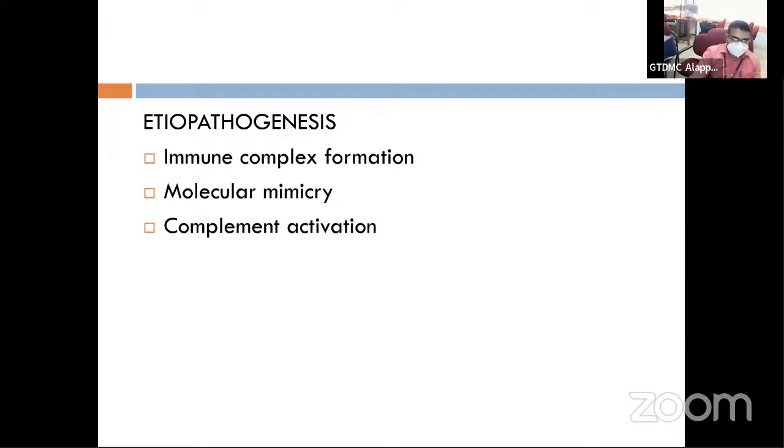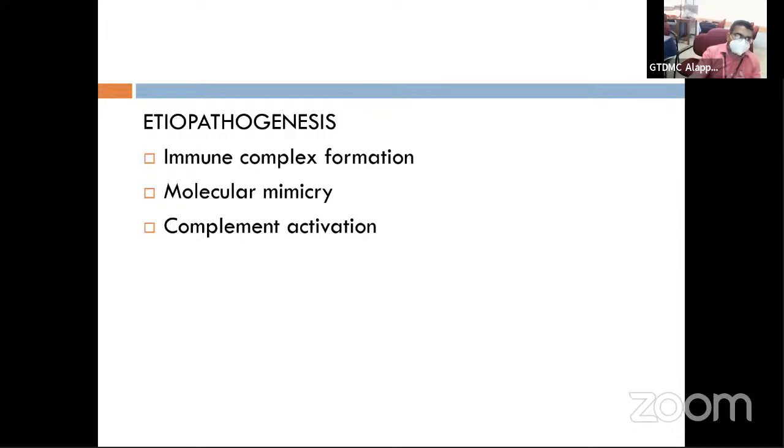Anyway, all these mechanisms will produce an inflammatory and proliferative response within the glomerulus. And this will lead on to reduction in the glomerular filtration, because of the reduced renal blood flow and reduced permeability of the basement membrane.